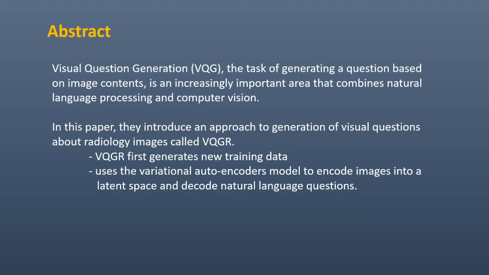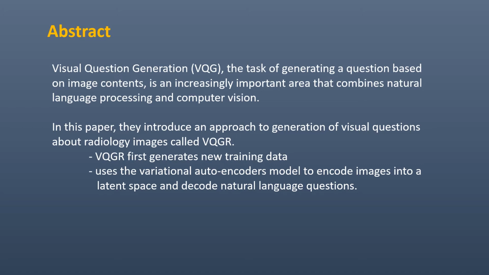Now, the abstract. Visual question generation, the task of generating a question based on image content, is an increasingly important area that combines natural language processing and computer vision. So in this paper, they introduced an approach to generating visual questions about radiology images called VQGR, an example that is able to ask a question when shown an image.